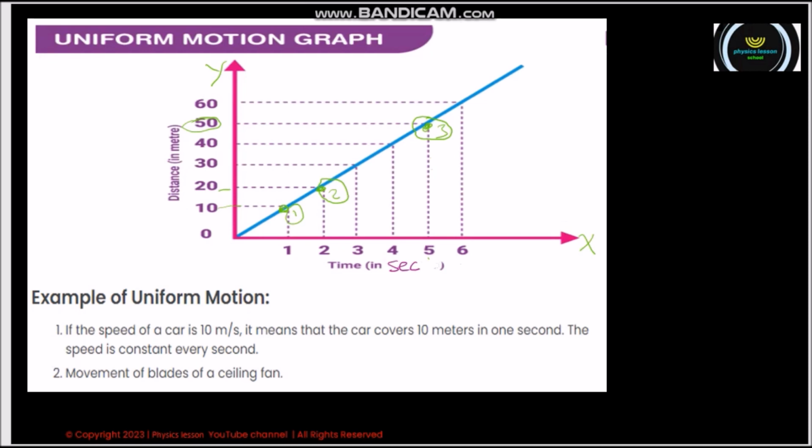Here we have a distance versus time graph. The time is on the x-axis and the distance is on the y-axis, and the distance is measured in meters and the time is measured in seconds. Let us consider these 1, 2, 3 points, and let us calculate the speed or the velocity at each point.